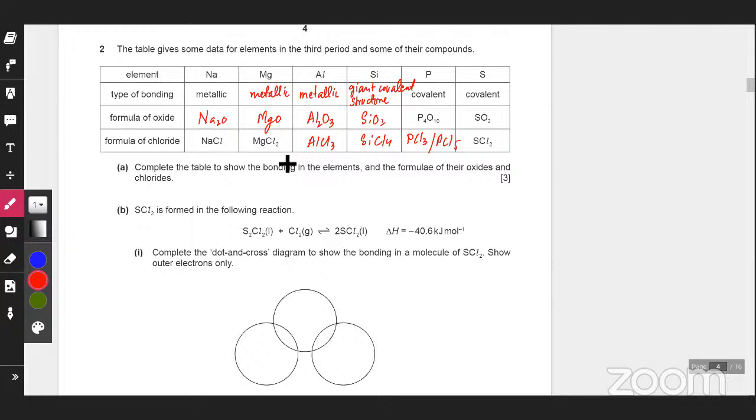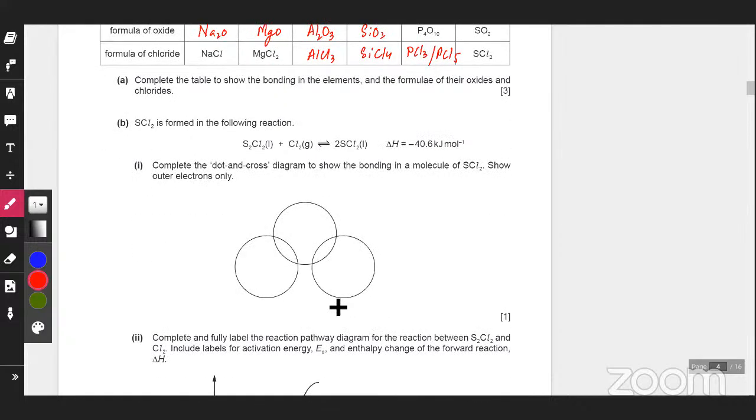PCl5. Anyways, moving to the next part, complete the dot and cross diagram to show the bonding in a molecule of sulfur chloride. So chlorine makes only one bond. Here's this other chlorine that also makes one bond.